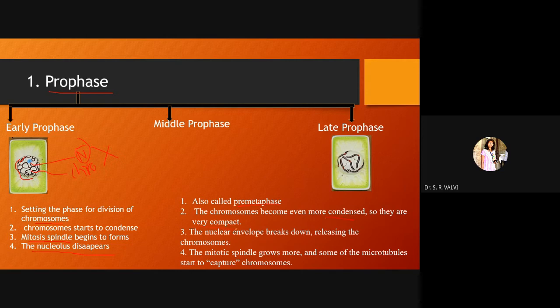So here we are observing a very thin thread-like structure. We call this thin thread-like structure a chromatin fiber, and now the same thread-like structure is going to form likewise. Okay, let me change the color of my pen so that you will get it.